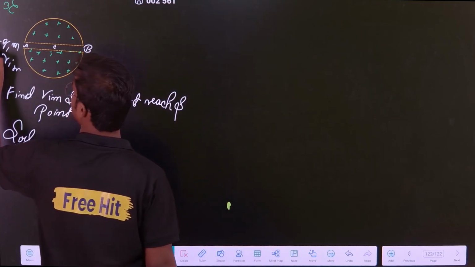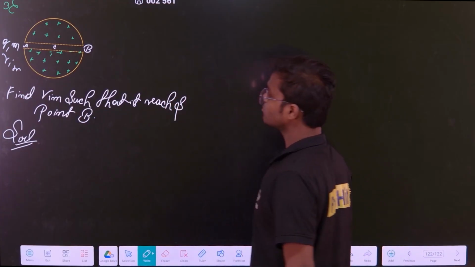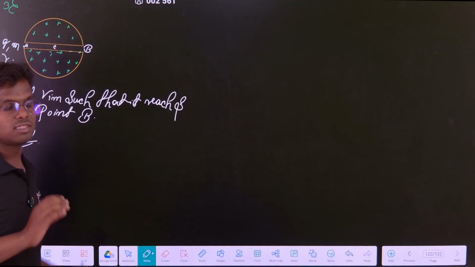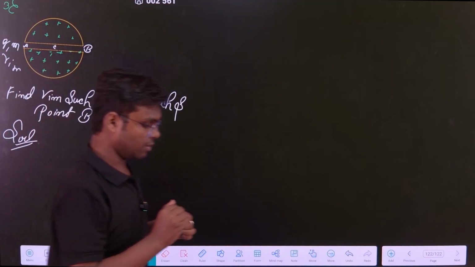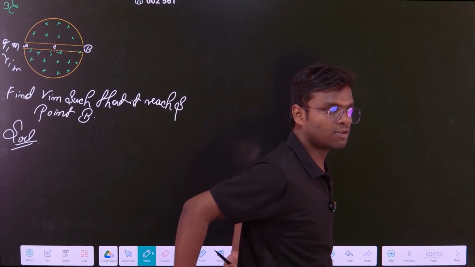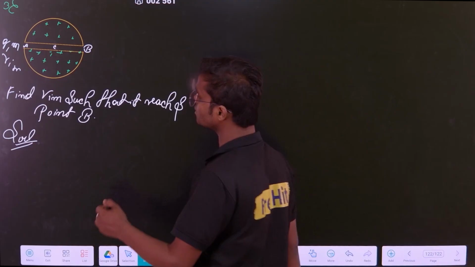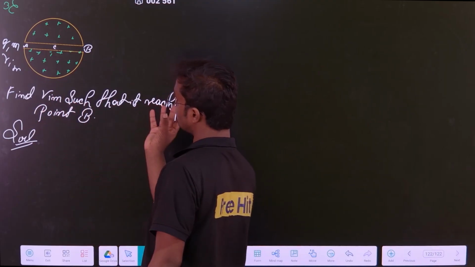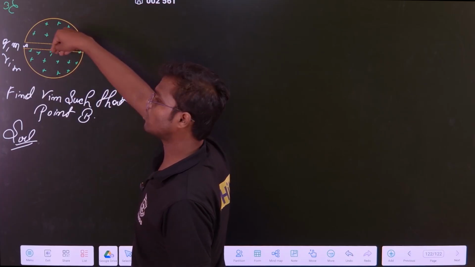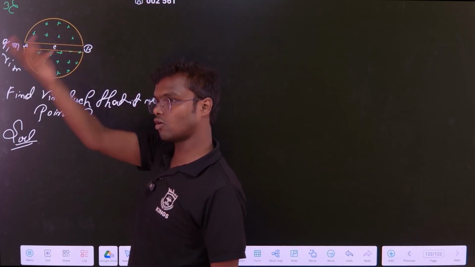What I am saying is that if we provide some velocity, due to this velocity this charge reaches the point C. As it reaches the point C, the electric field is there now, so it will apply the force and it will automatically move to point B. So the question should be: what is the V minimum required to bring the particle to point C, because if it comes to point C, automatically the electric field will move this particle to point B.